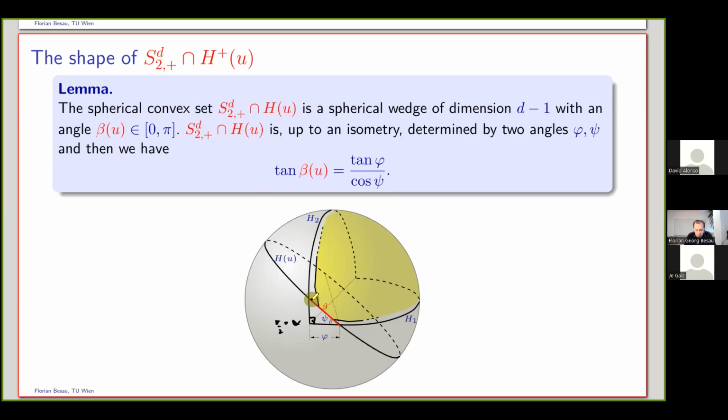If you intersect your wedge with the hyperplane, then you obtain another wedge, a d-1 dimensional wedge, where the opening angle is controlled by beta. And since this is one side of your spherical triangle, this can be expressed by the other angles, alpha, psi, and phi. Since alpha is pi over 2, this is just simple spherical trigonometry to figure out that the tangent of beta is tangent of phi over cosine of psi.